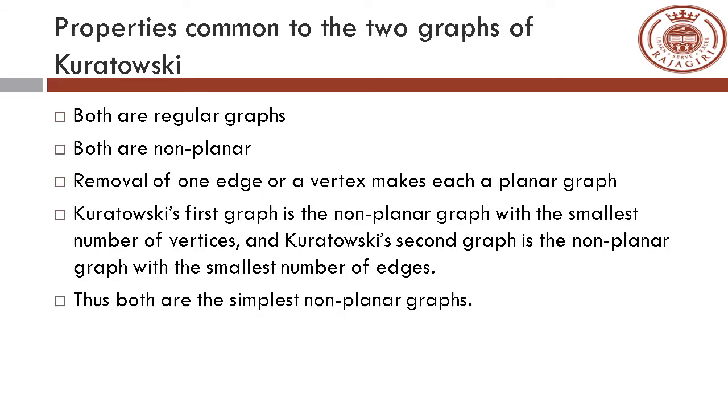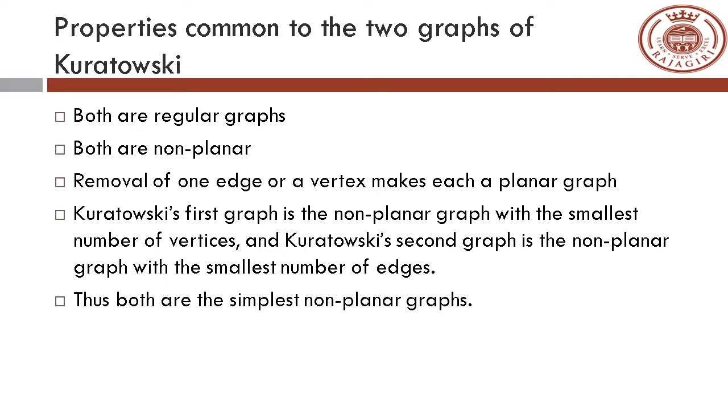The properties common to the two graphs of Kuratowski are: both the graphs are regular graphs. In the complete graph K5, the graph is 4 regular and Kuratowski's second graph is 3 regular.